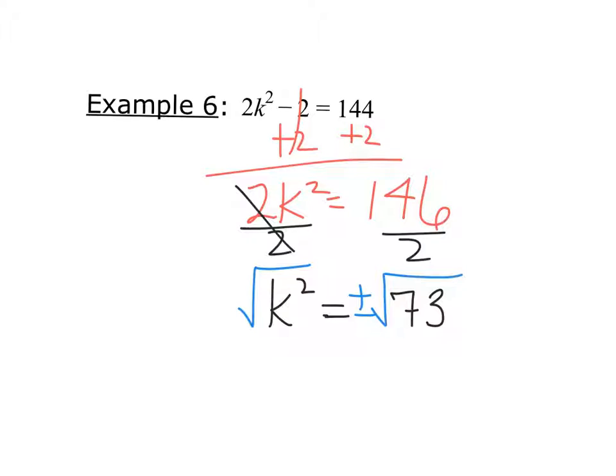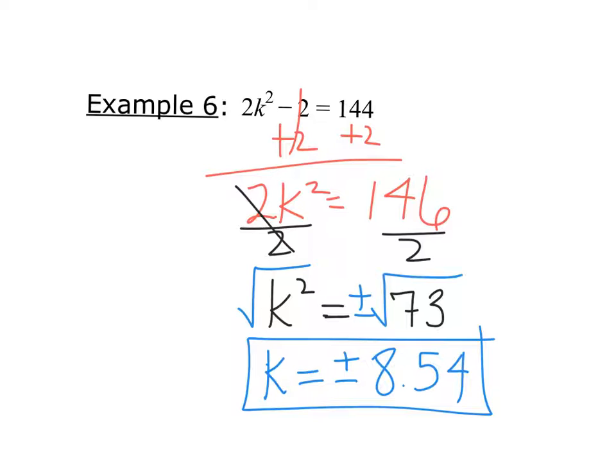What's the square root of 73? Use your calculator. 8.54. Control first. There you go. 8.54. Good job. There we go. Y'all ready to practice? Fantastic.